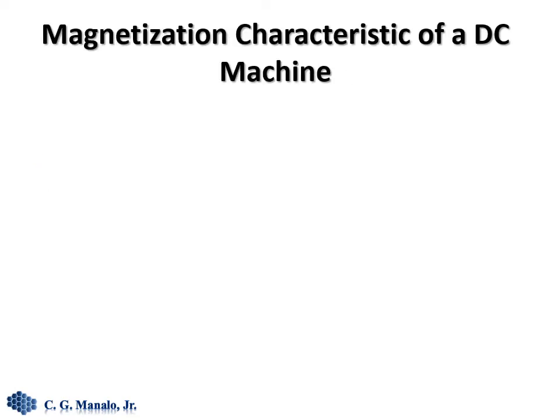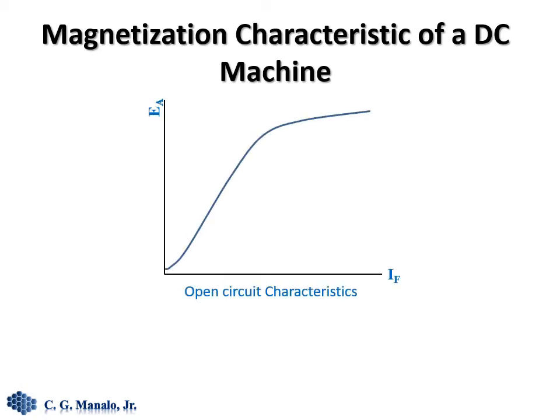Now, every DC machine is usually associated with its magnetization characteristic. What do we mean by this? It is actually a plot of the internally generated voltage EA versus the field current that is fed through the field circuit.